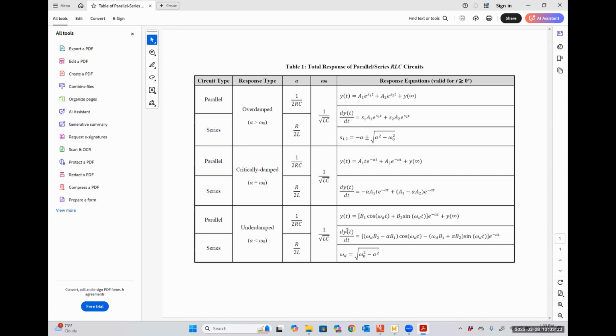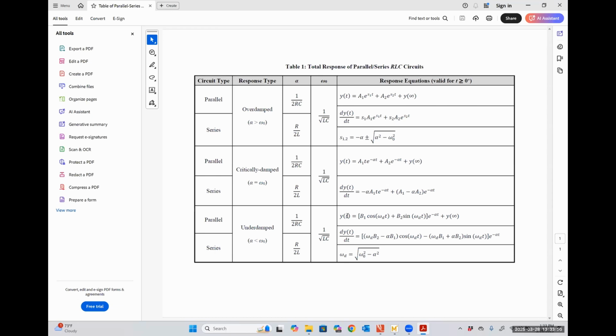I also gave you guys this derivative thing here, okay? So essentially what we're going to wind up doing is make a choice, and it's dependent on what we're ultimately trying to solve for, as to what we are going to consider y of t to be. So this is a binary decision, okay? It will always be either a capacitor voltage or an inductor current. And then we are going to use the derivative-based relationship with that thing.